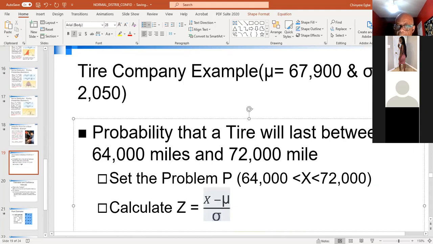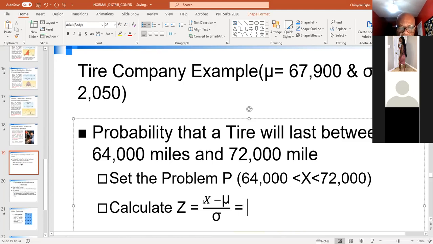Okay, so that is what we do. So we calculate Z is equal to X minus mu over sigma. So the first X is 64,000. So we use that.